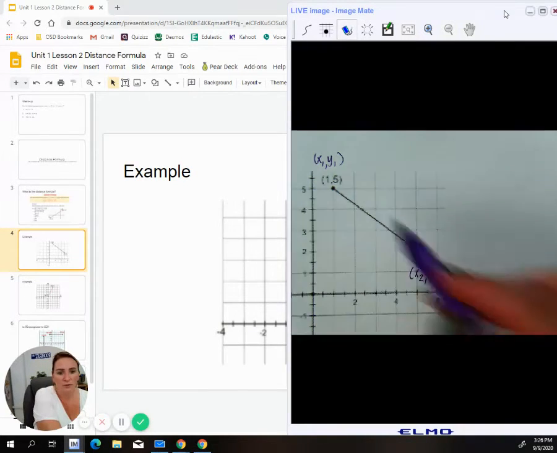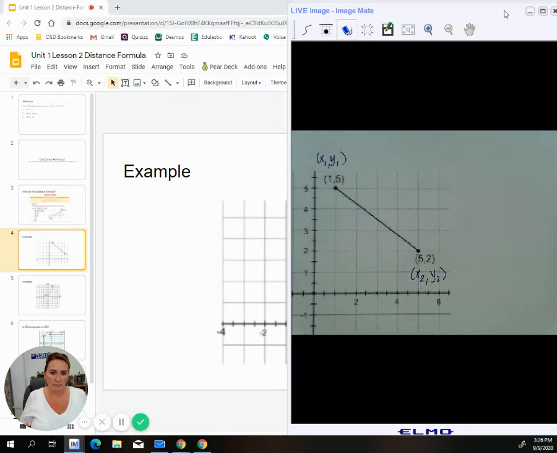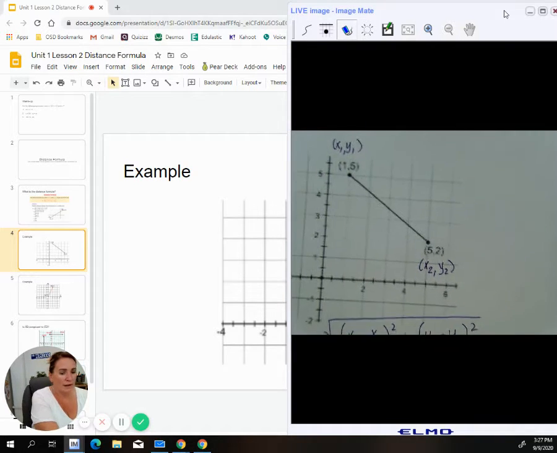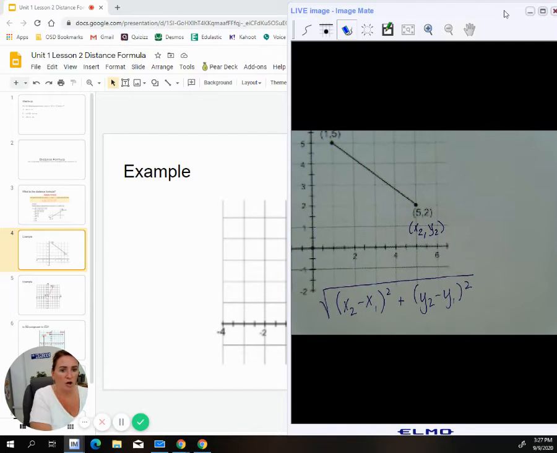Again, you could flip-flop them and it would be the same. Now we are going to use our formula. I'm going to just rewrite it down here for you so that you get used to seeing it. So we're basically going to take our 2 x points and subtract them and square them, our 2 y points, subtract them and square them, and then we're going to just do the algebra.